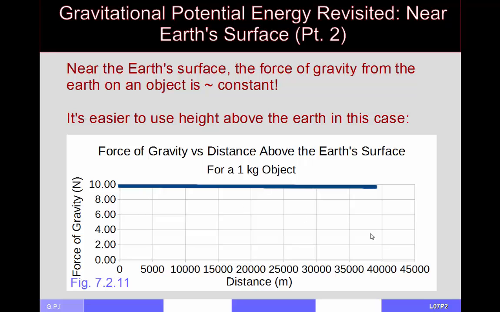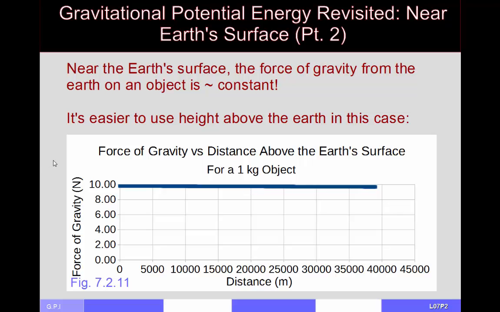Because up to 40,000 meters, there really hasn't been much change in the force. And so you might as well just multiply this force times whatever distance you have, and notice that that actually looks like the area of a rectangle. So again, it's the area under this curve.